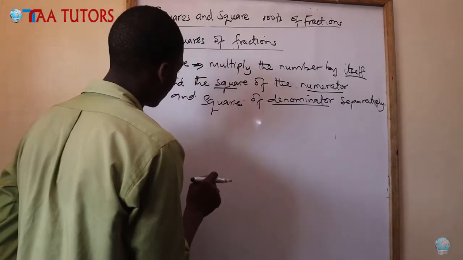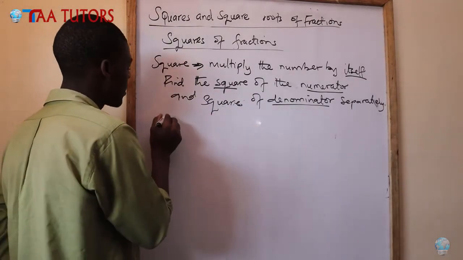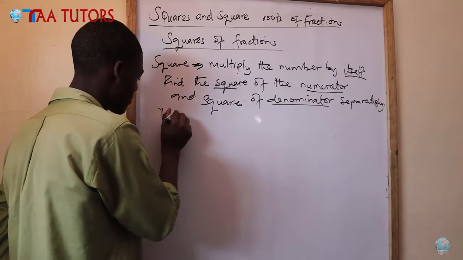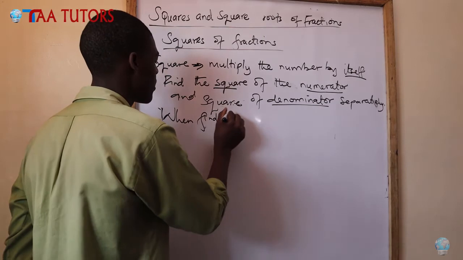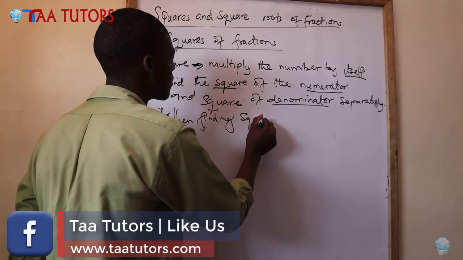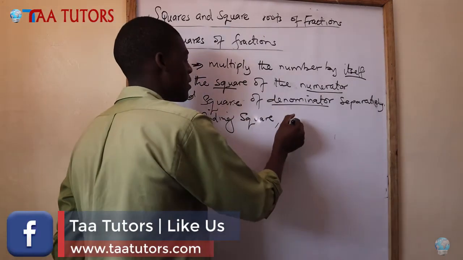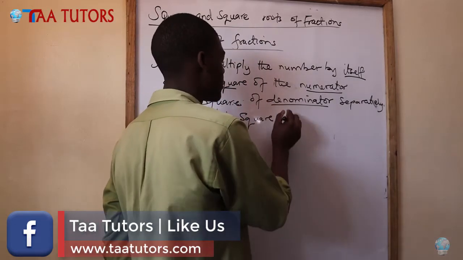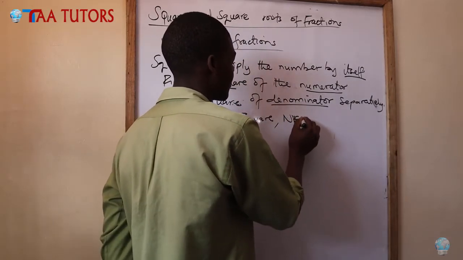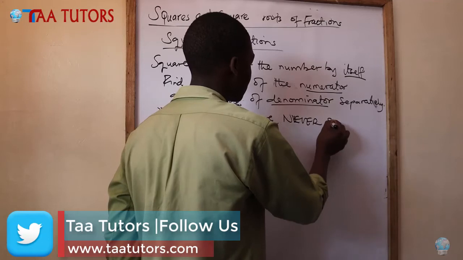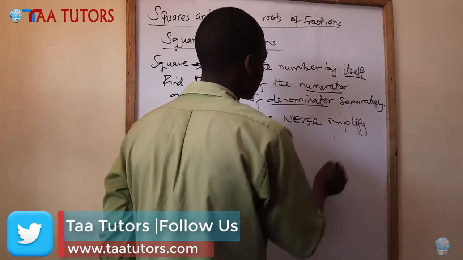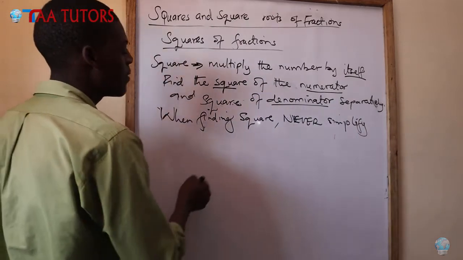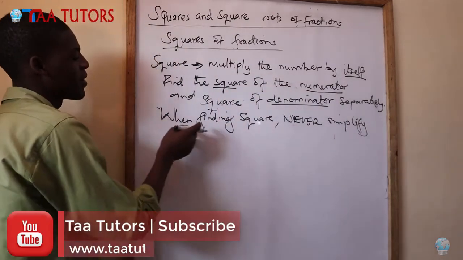And remember, when finding a square, never, let me write in capital, never simplify. We've done simplification, so someone will go ahead to simplify when finding a square.